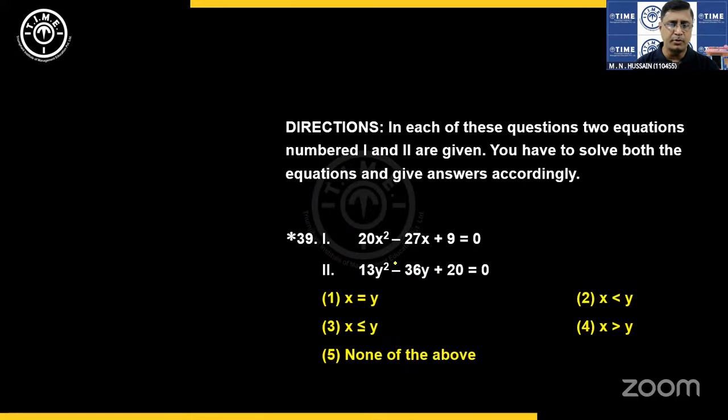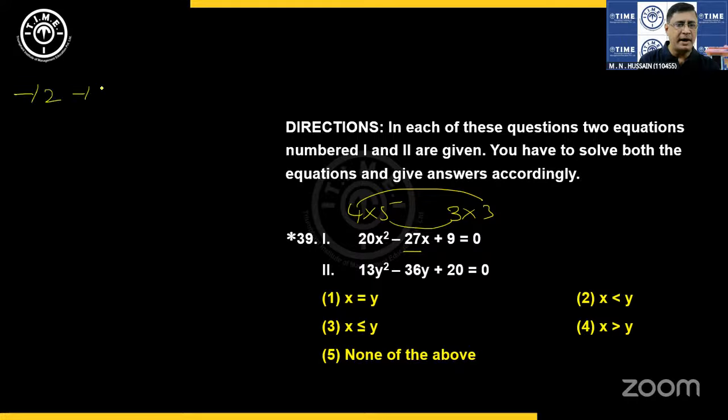Now, next example. 20x square minus 27x plus 9 is equal to 0. 20 means 4 into 5. 9 means 3 into 3. How to get the middle value? 12 and 15.